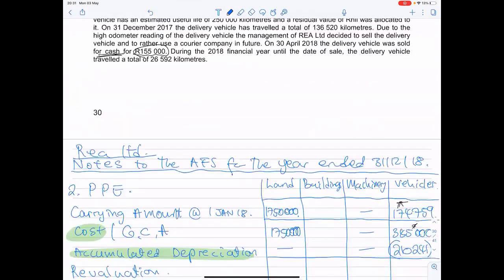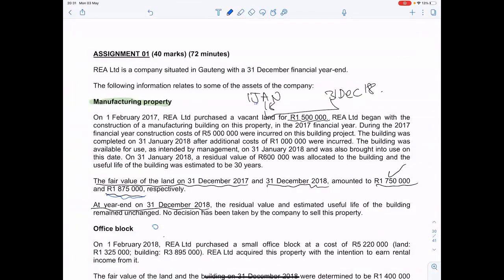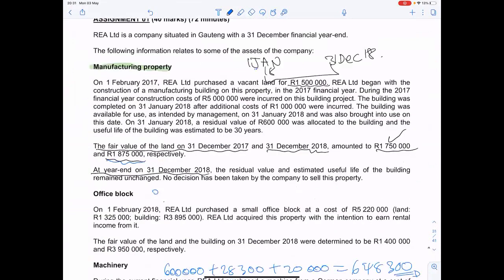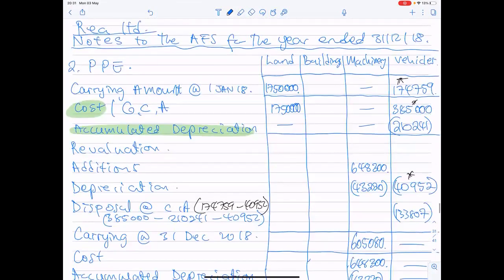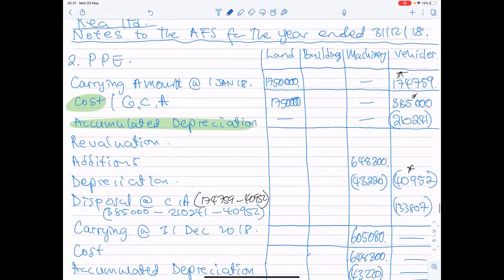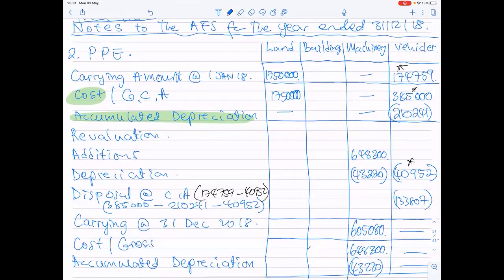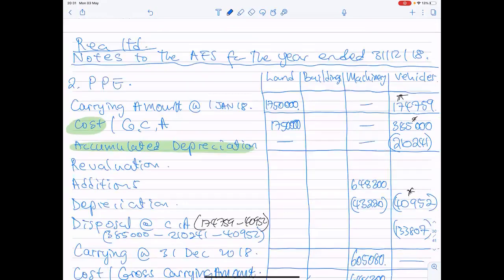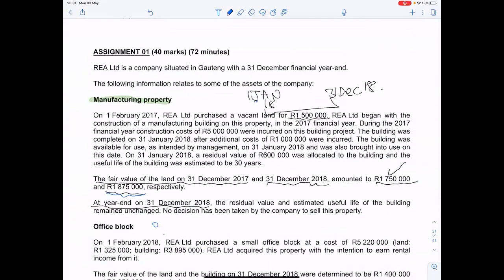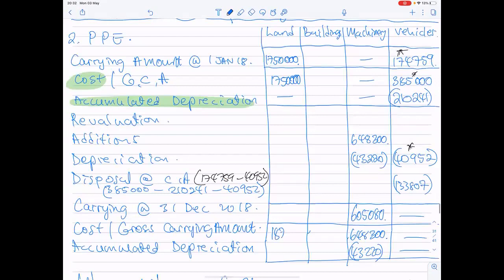Then at the end of the current year, it is 1,875,000. You're going to come and show it under the cost. You put slash gross carrying amount to show that this is the revalued amount. So our gross carrying amount is 1,875,000. So put 1,875,000. There is no depreciation, 1,875,000.